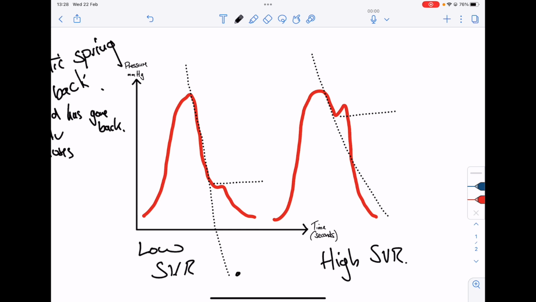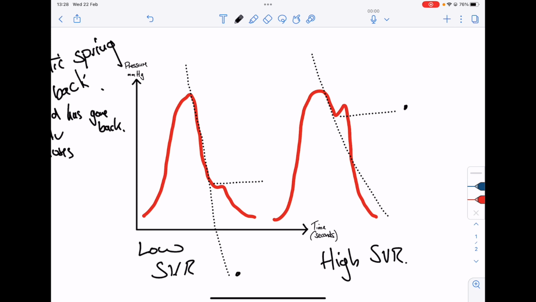Whereas a high SVR state, so this fellow over here, if you're trying to squeeze blood into a system that's quite high pressure, that pressure is going to be maintained over a longer period of time, and your jazzed up, love the word jazzed up, and tight vasculature is going to respond with more vigour to a pressure stimulus that's gone through it, because it's tighter.